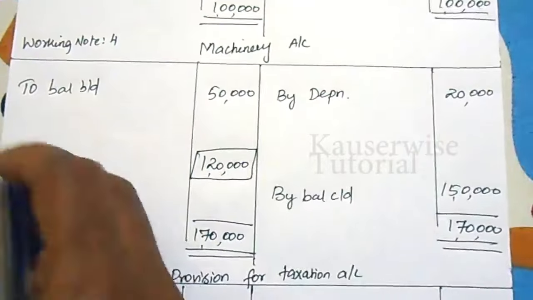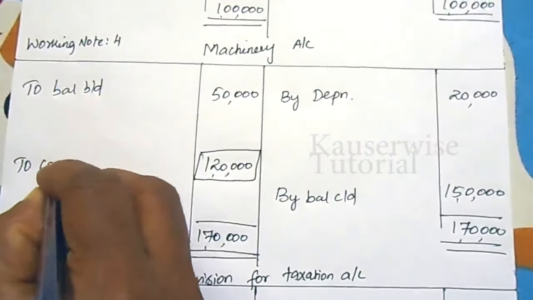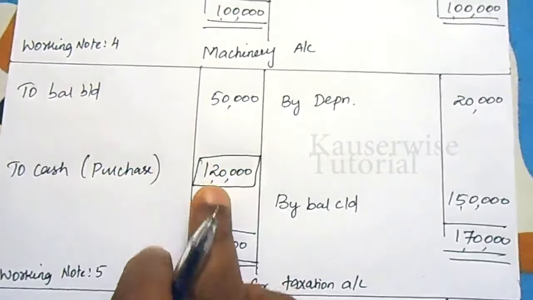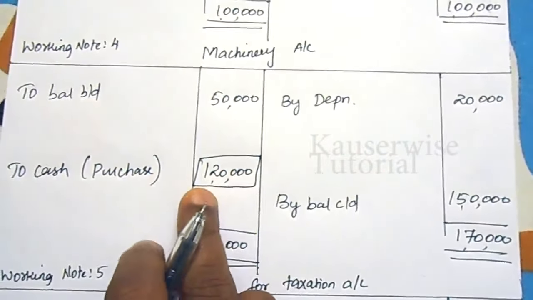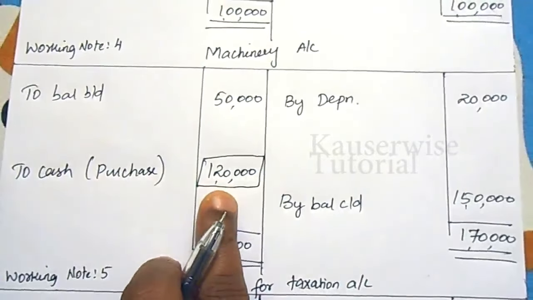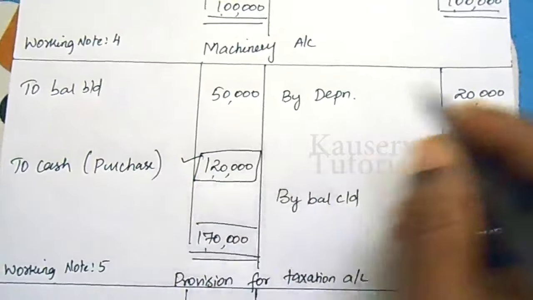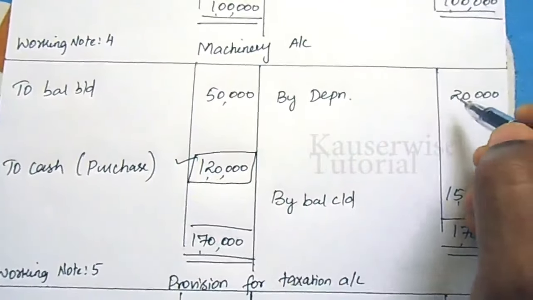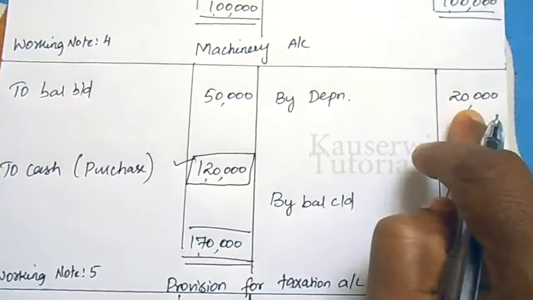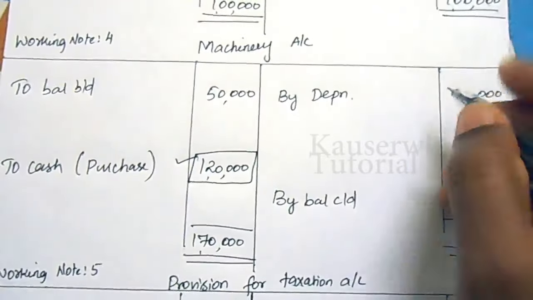If it is on the debit side, to cash, that is purchase. When you purchase any item, cash goes out. So it is an outflow of cash, and this will be recorded under application. And this will be recorded under fund from operation. While you calculate fund from operation, this will be added along with the net profit.